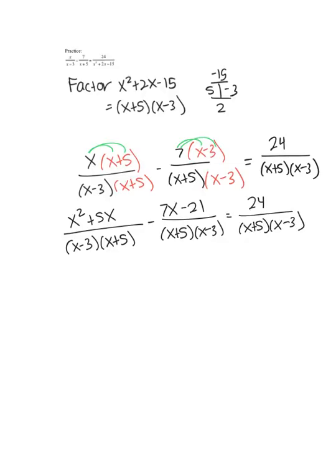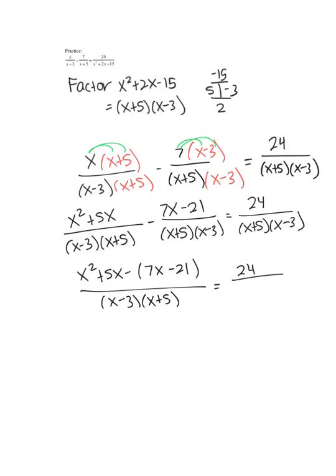Now I'm going to combine the numerators, and remember that you've got a subtraction sign there, so you're going to want to use parentheses to remind yourself to distribute the negative sign. Okay, so we're going to distribute the negative. So I've got x squared plus 5x minus 7x plus 21. Now the signs are going to flip.